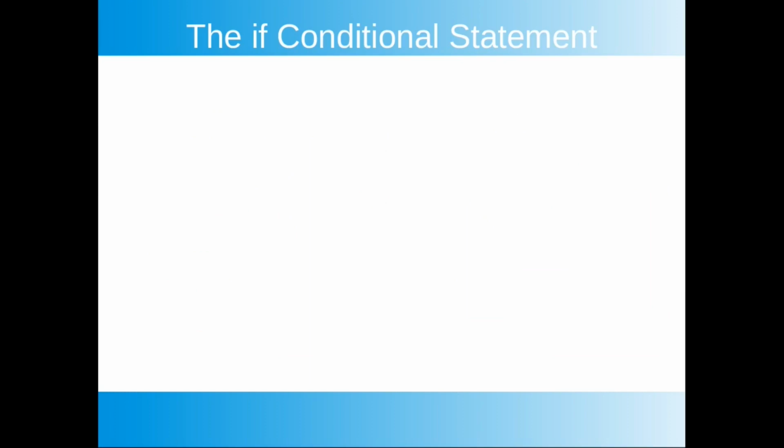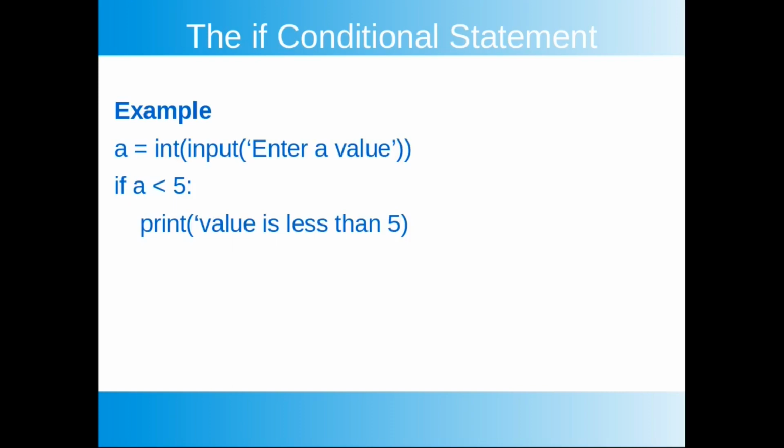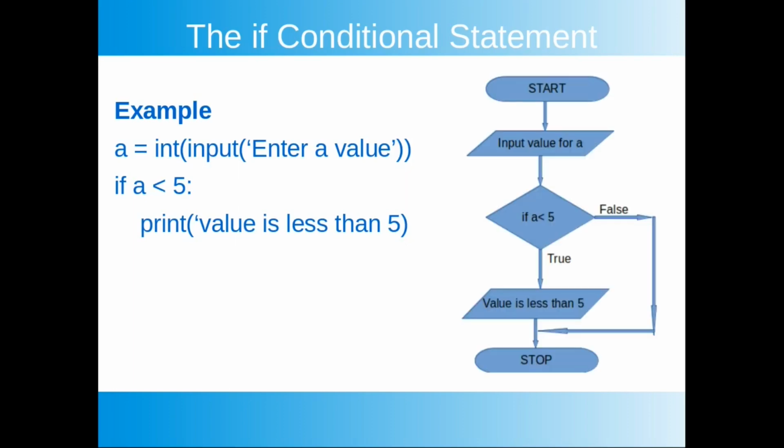Let us understand the if conditional statement through an example. Here we have input a value and assigned it to A, and later we will check whether this value is less than 5 or not. Now let us try to understand the different outcomes of the program with the help of a flowchart.